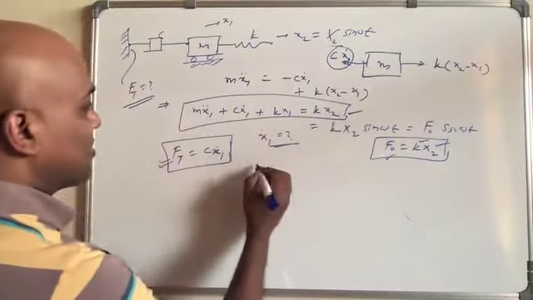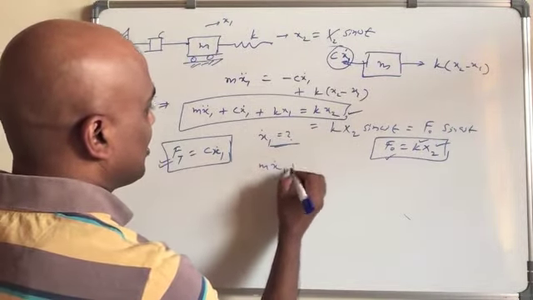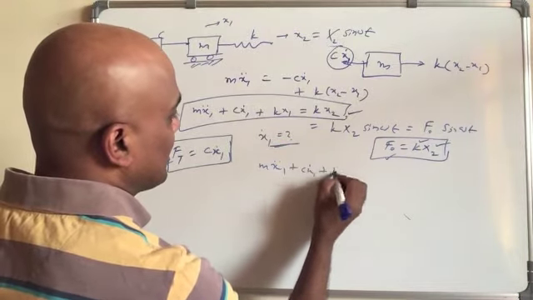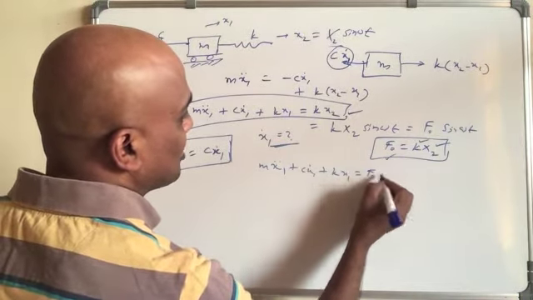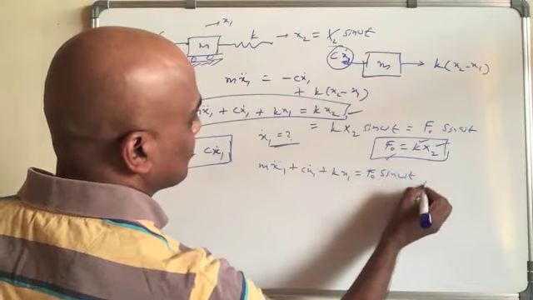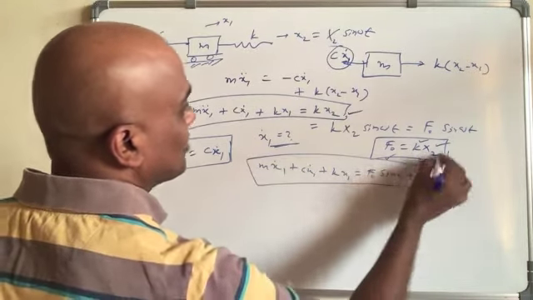So simply your equation is m x1 double dot plus c x1 dot plus k x1 equal to F naught sine omega t, where F naught equals this.